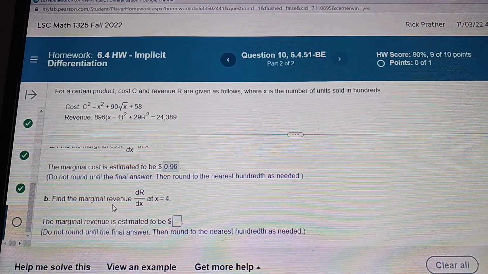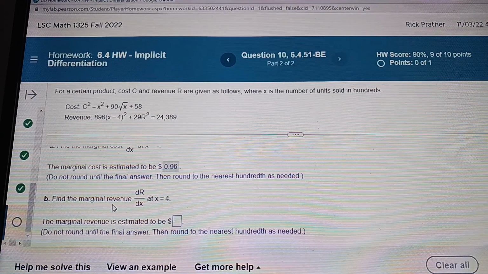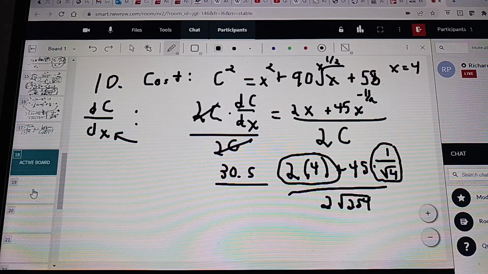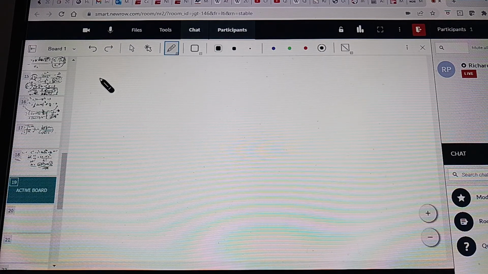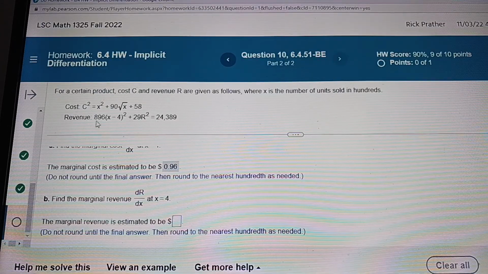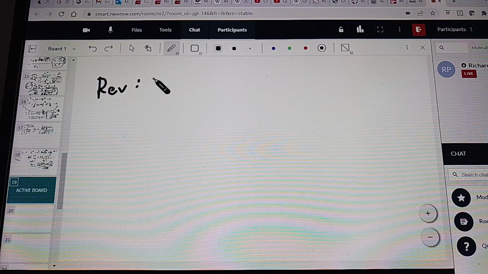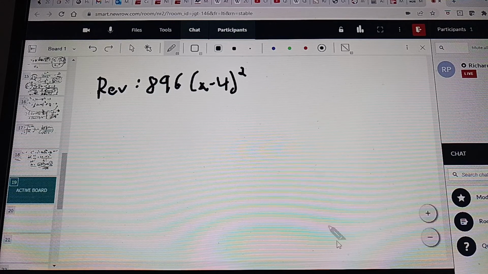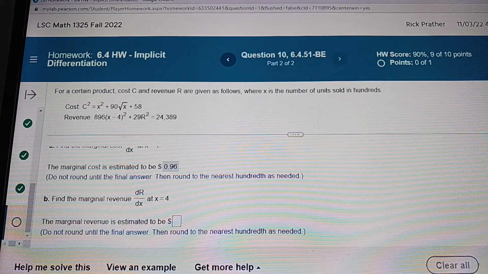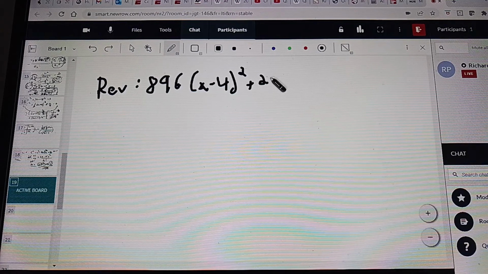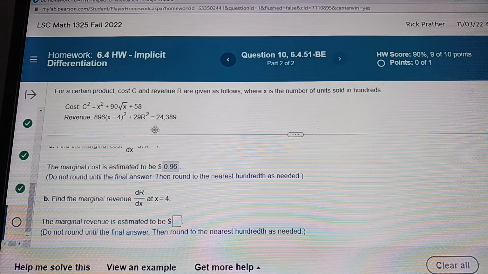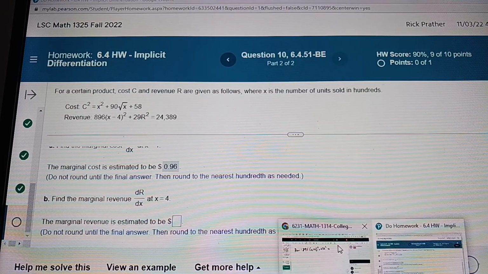Okay, now do the same thing for revenue. For part B, here's the revenue function. Revenue, 896 times x minus 4 squared, plus 29 r squared, equals 24,389.